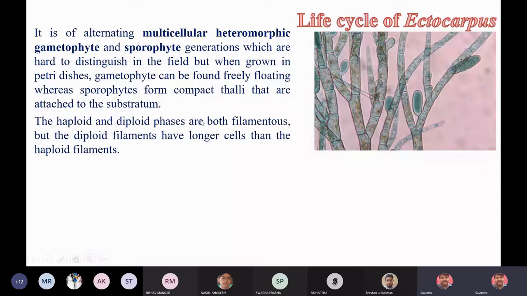The haploid and diploid phase are both filamentous, but the diploid filament has longer cells than the haploid filament. अब आप देखिए, यहीं पे आपको एक पॉइंट मिल गया है. The diploid filaments have longer cells than the haploid filament. It means they are morphologically different. But to observe that morphology, you have to use माइक्रोस्कोप.